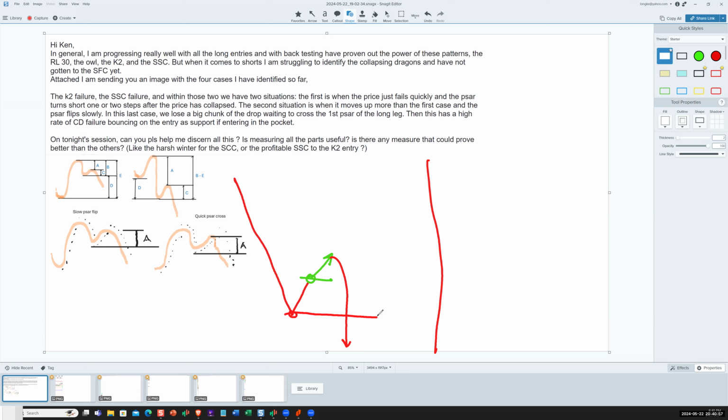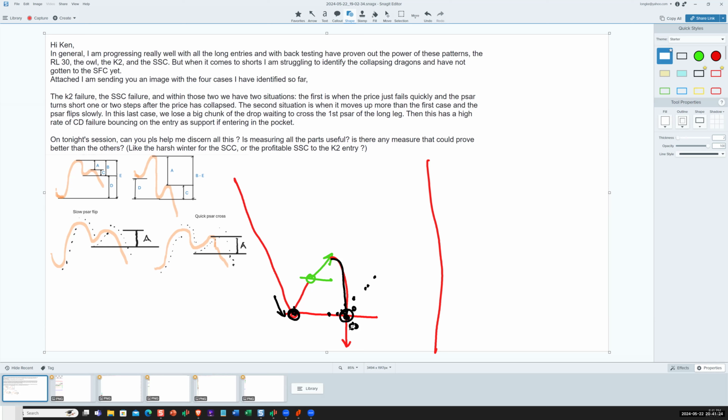And when price violates that level right here, that's where the collapsing dragon occurs. That's also where somewhere on this line, the PSAR dot is going to reverse. But what triggers it is price going below the previous maximum adverse excursion of the RL10.